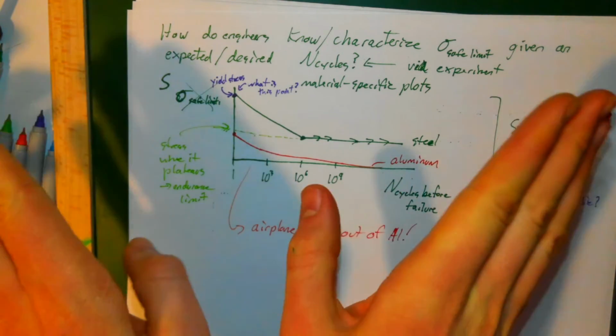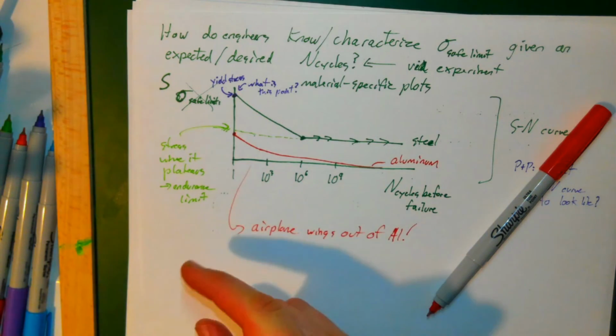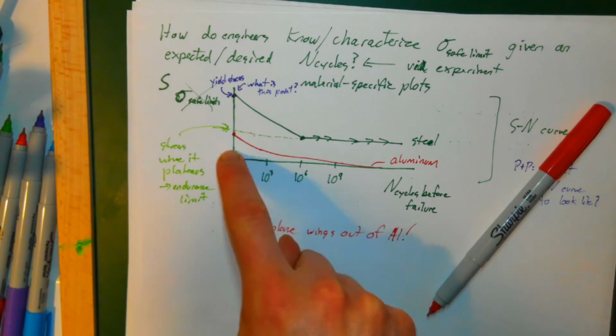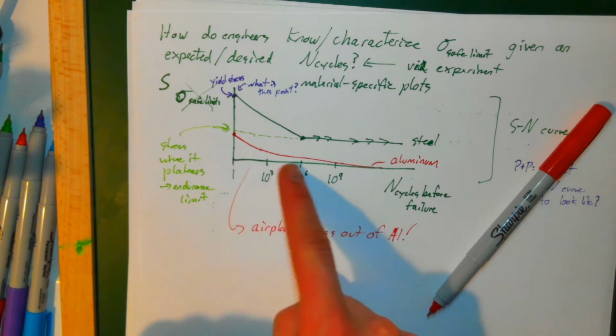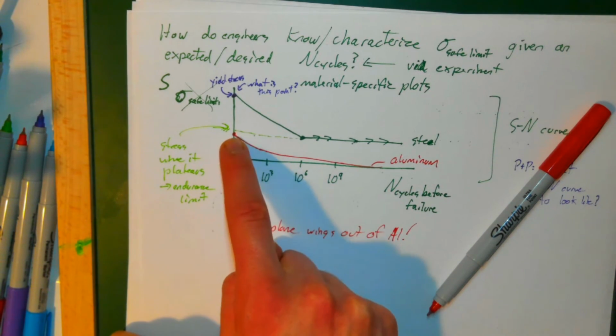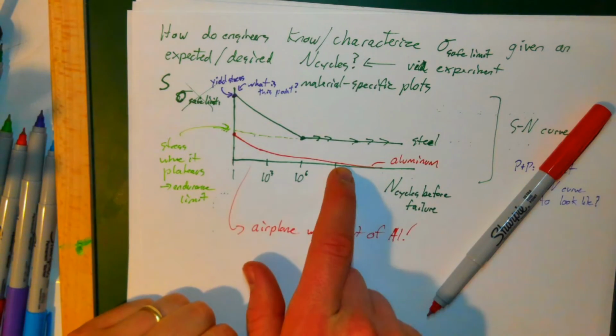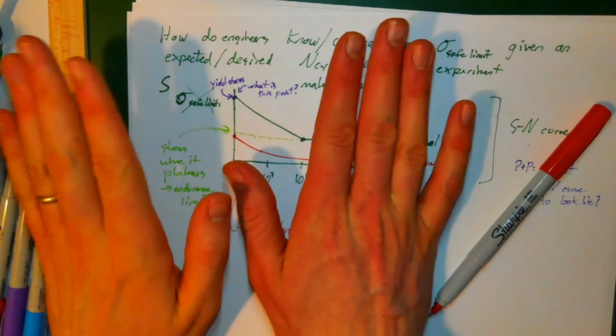And every time those wings flex and unflex, they're fatiguing. So you might be like, hey, wait a second, why are we making airplane wings out of aluminum if eventually those airplane wings are going to break due to that?